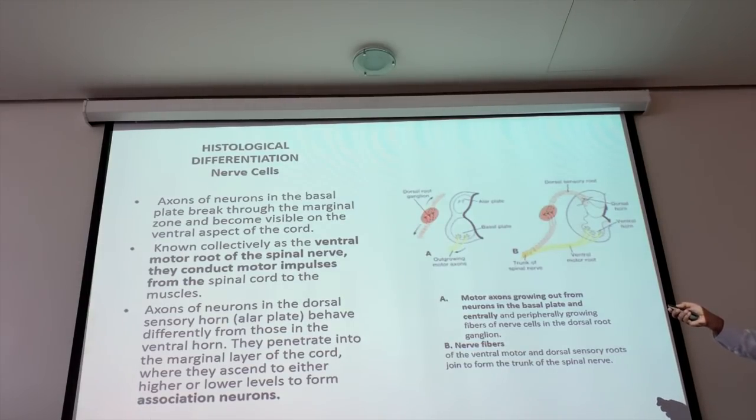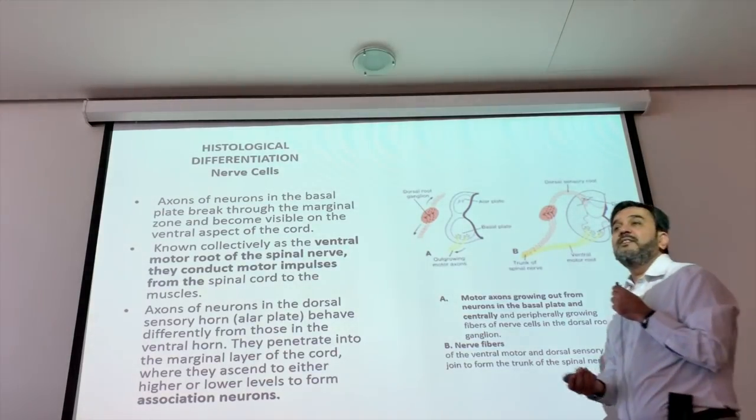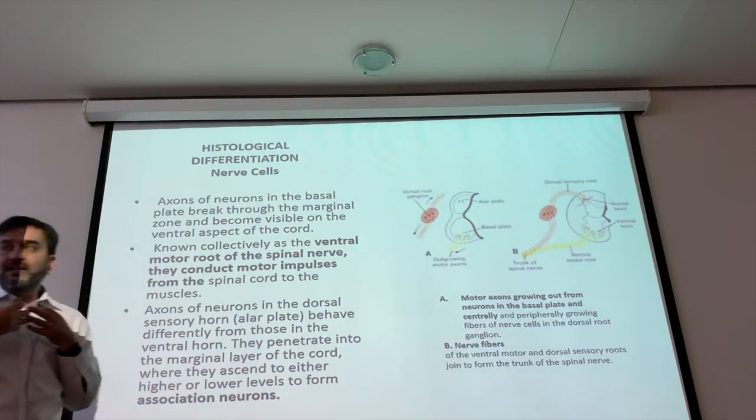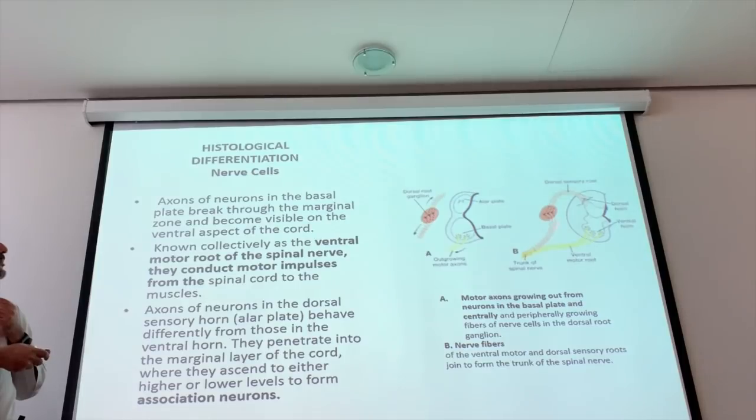Now from the dorsal root ganglia, you would have neurons which have two processes, one moving towards the periphery, one moving towards the spinal cord. The axonal processes of the neural cells in the dorsal root ganglia which move into the spinal cord are going to synapse with the sensory neurons of the alar plate, while the peripheral process is going to join with the peripheral processes of the neurons in the basal plate to give rise to the spinal nerve.